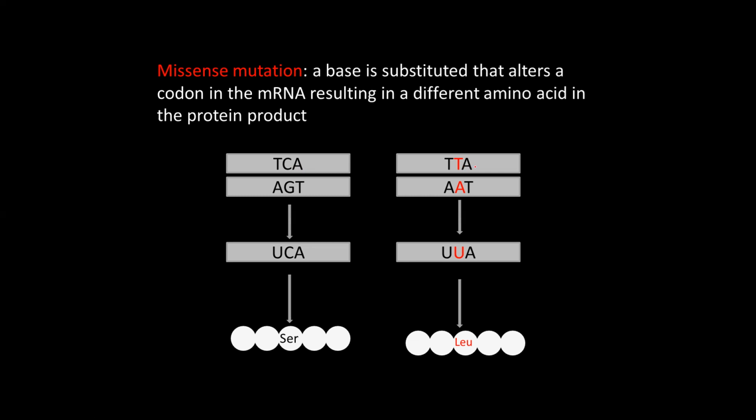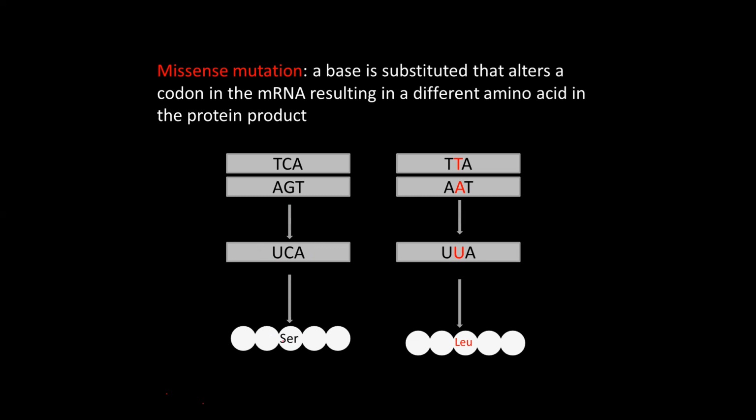So it becomes TTA. Now, as the DNA replication process proceeds, what happens? In the normal course, the mRNA contains the codon UCA, which codes for the amino acid serine.